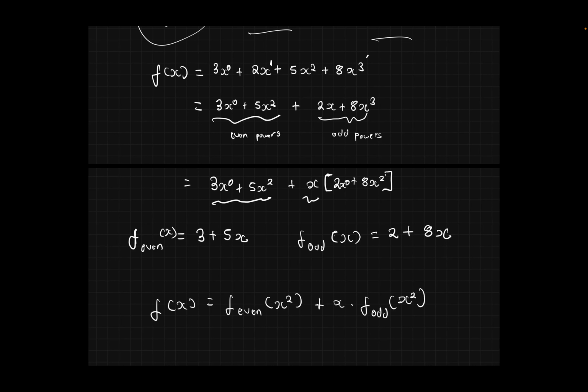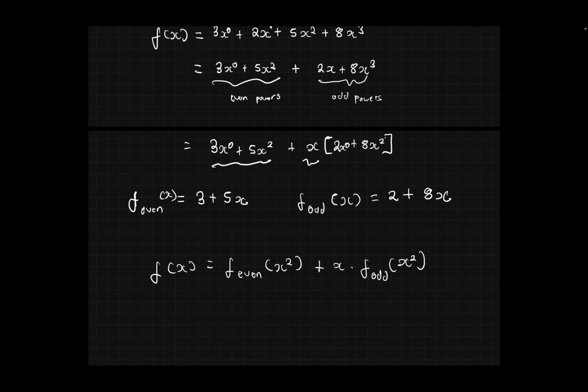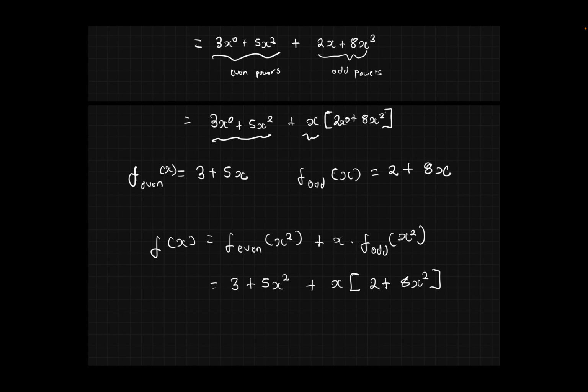Right? So now if we evaluate f even at x squared, wherever there is an x, we change it to x squared, right? So that's now 3 plus 5x squared. Then we can multiply out.